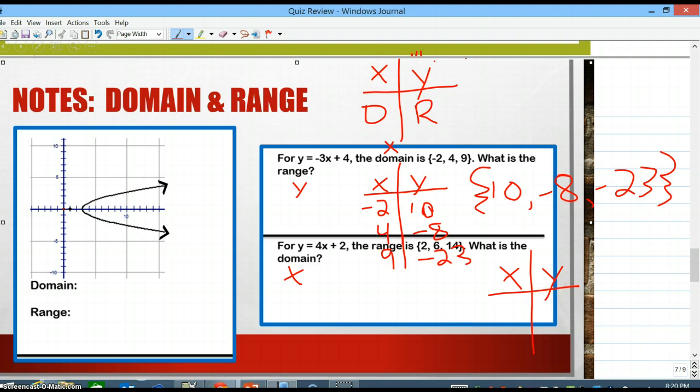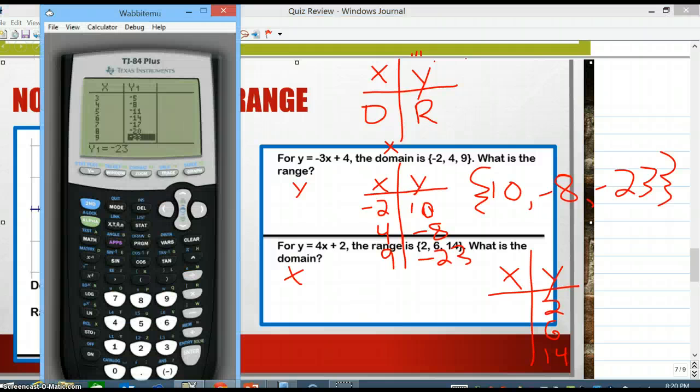My range is the y, so I'm going to write 2, 6, and 14 on the y side. And I'm looking for the corresponding x values. Now again, I don't want to do any work, so I'm just going to go to my calculator. I'm going to type in my equation, 4x plus 2. I'm going to go to my table, so second graph.